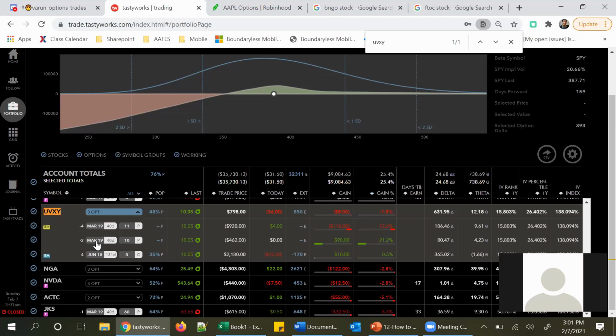Otherwise, if nothing is volatile, everybody is very happy, then trades will not be that exciting. So there is a market cycle which will go up and down. So volatility will be there, and UVXY has not gone below 10 until now. It can go below 10, but it's a very rare possibility. And if it goes below 10, I'm happy to take the assignment and wait for a day when the market is highly volatile.